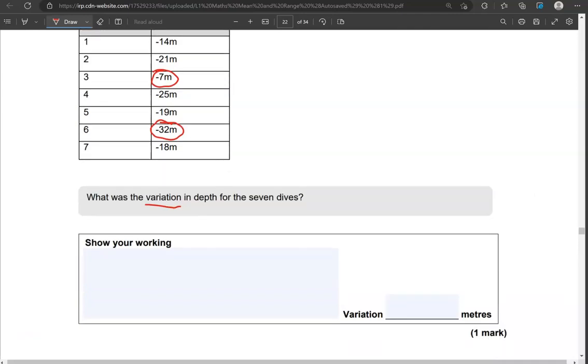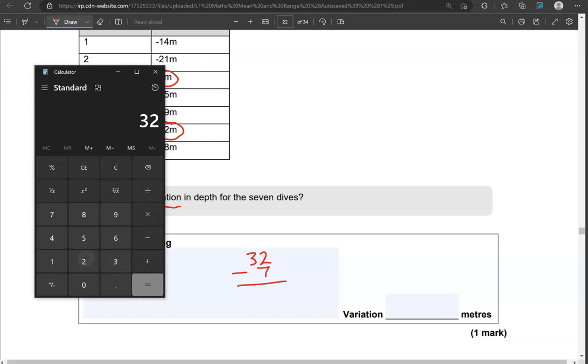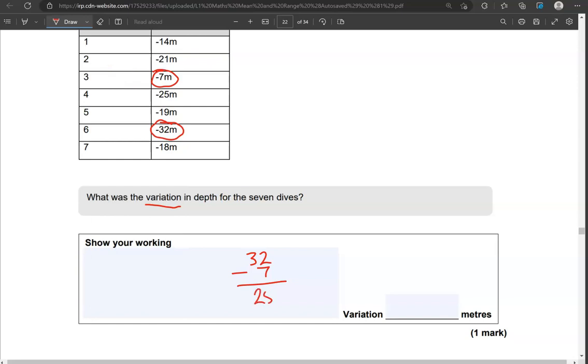So if I do 32, take away 7, gives me 25. So variation is 25 meters. You don't need the negative sign in front, because the question is asking how much do they vary.